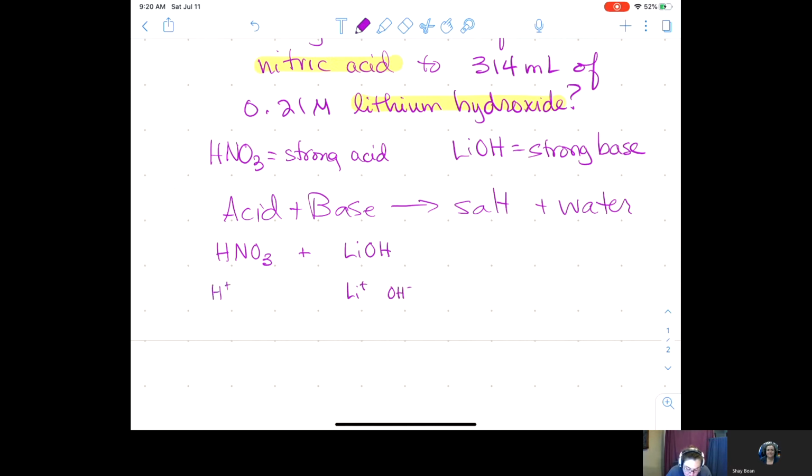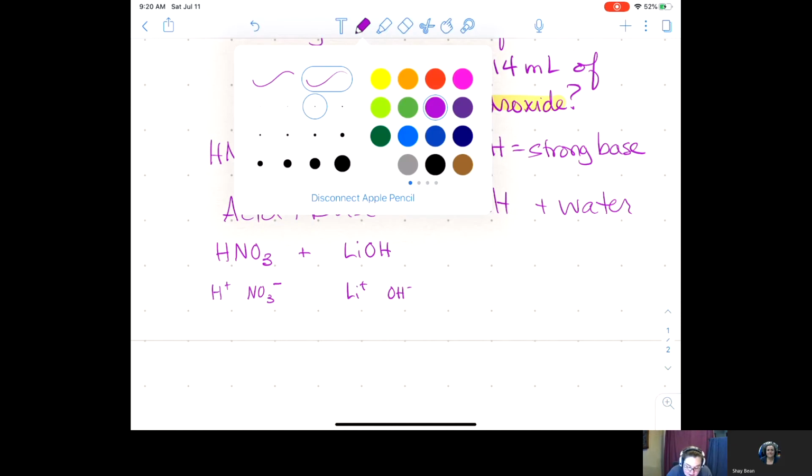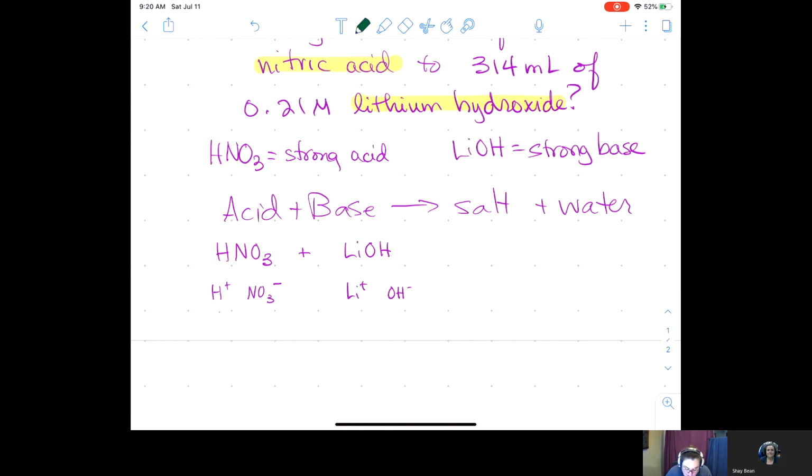And what happens is that our ions swap. That's that double displacement reaction. So the lithium ion goes with the nitrate ion, and the H plus goes with the OH minus. And so I get a salt plus water.